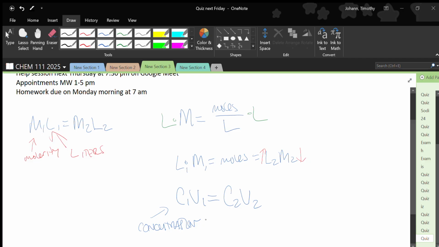And V is volume. I keep saying volume for the liters, but it can be volume in any units. This works as long as the units match. So units must match.